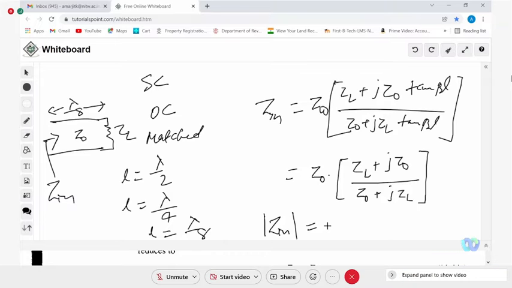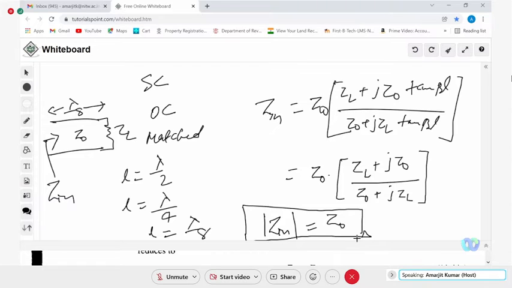So what will be the magnitude of the input impedance? Yes, what will be the magnitude? That is equal to Z0. So for this type of transmission line, the Zin will be, of course, that is given here, but the magnitude of Zin will always be Z0.